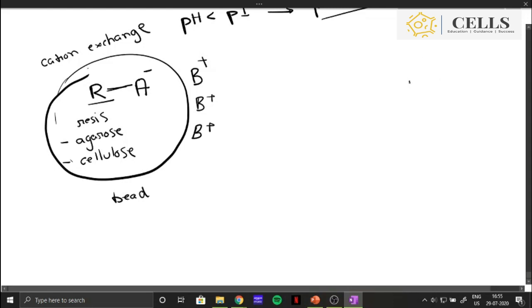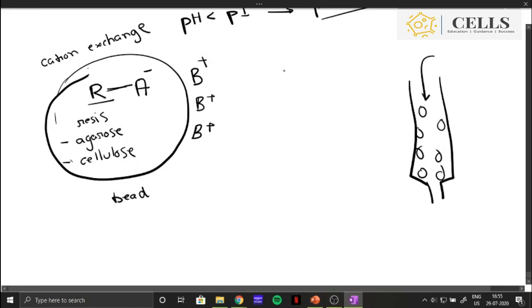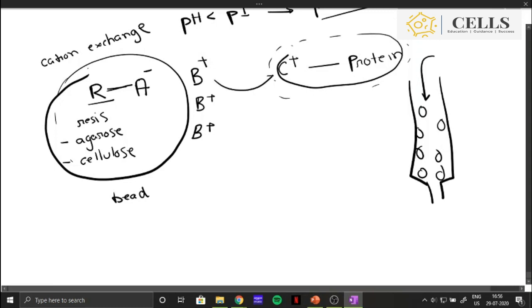Now in the column, you have these beads present all over it. You give the supernatant. Suppose you have to isolate a protein that has positive charge, C plus. C plus is some charged ion that is present in the protein. It is not bound to the protein, but it is some positive charge that is present in the protein. There will be an exchange between these because of the affinity difference.